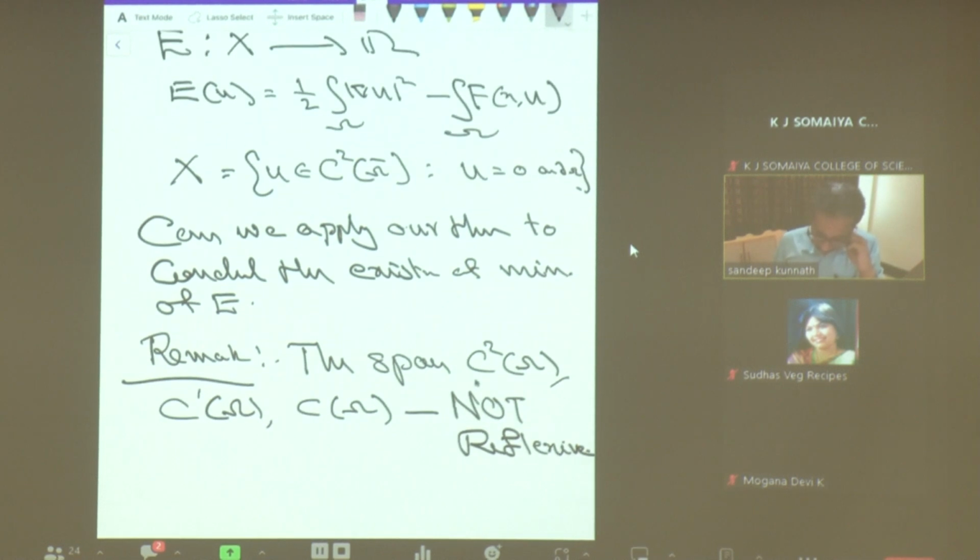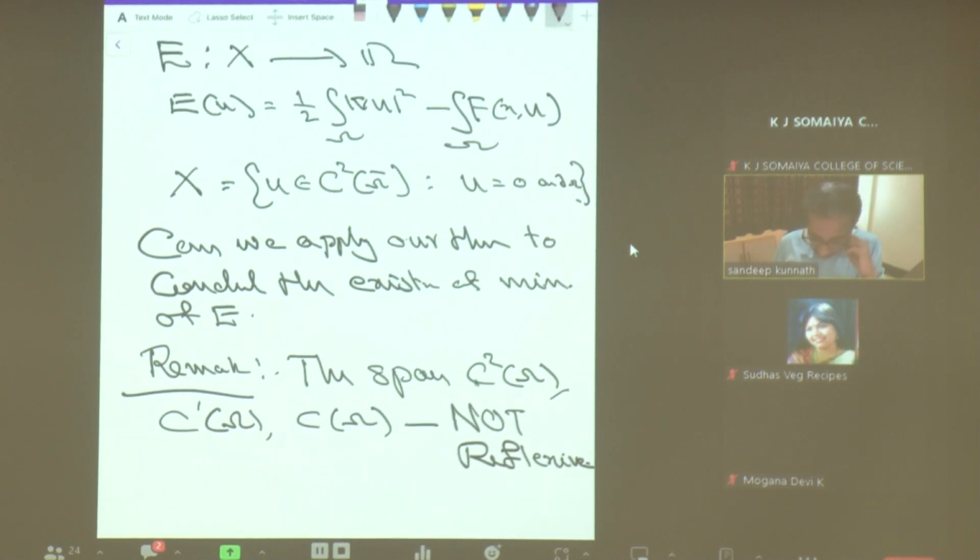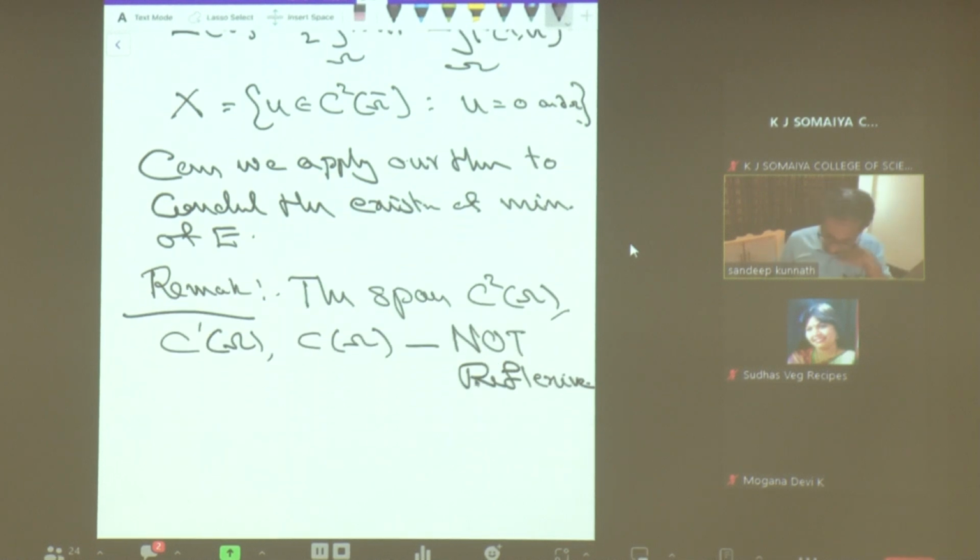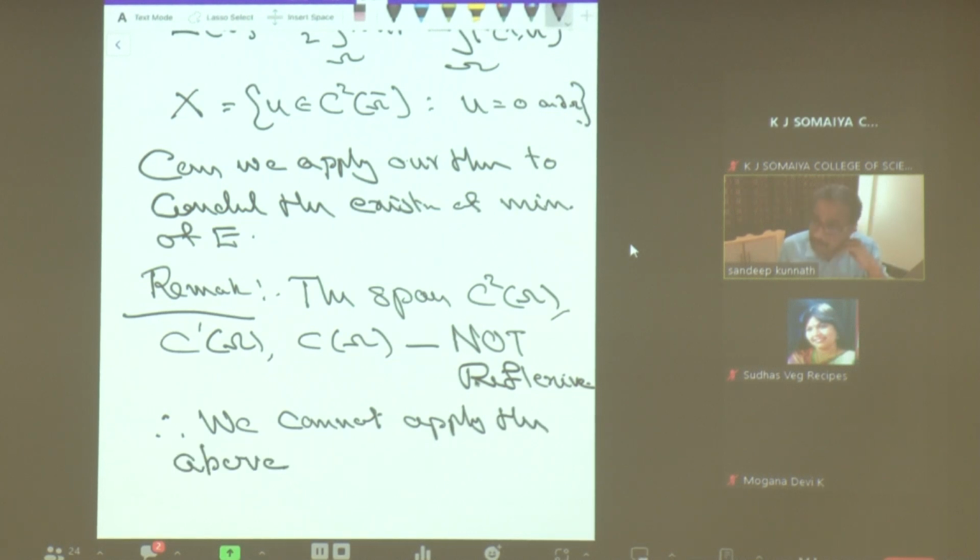So we cannot apply the above theorem in these spaces. It's a major obstruction. Therefore we cannot apply the above abstract theorem in the above PDE context.